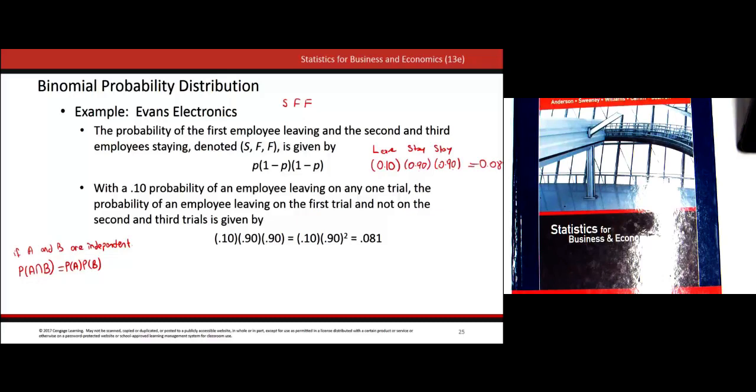How many other sequences do we have that end up with only one employee leaving the company? So then you have stay, leave, leave. Stays with probability 0.9, leaves with 0.1, leaves with 0.1. Stay, leave, stay. The one ends up with one leaving the company, the other two stay.